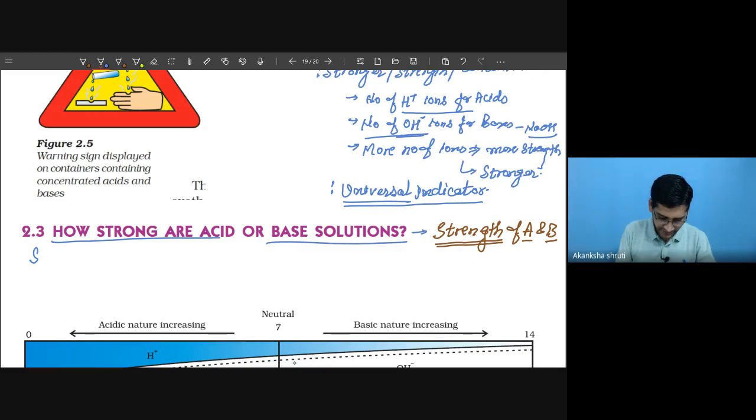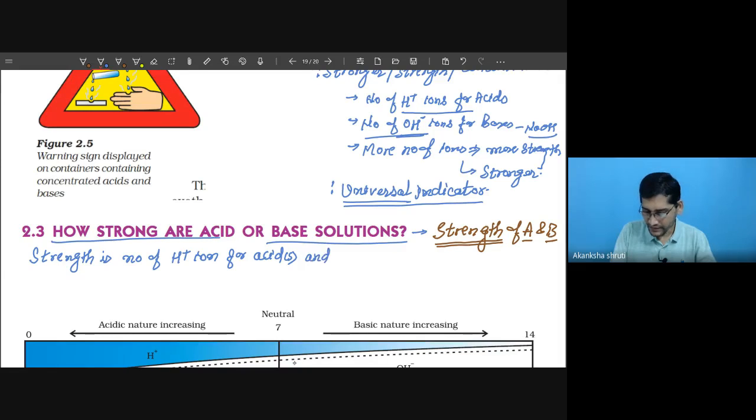So write: strength is the number of H plus ions for acids and OH minus ions for bases.